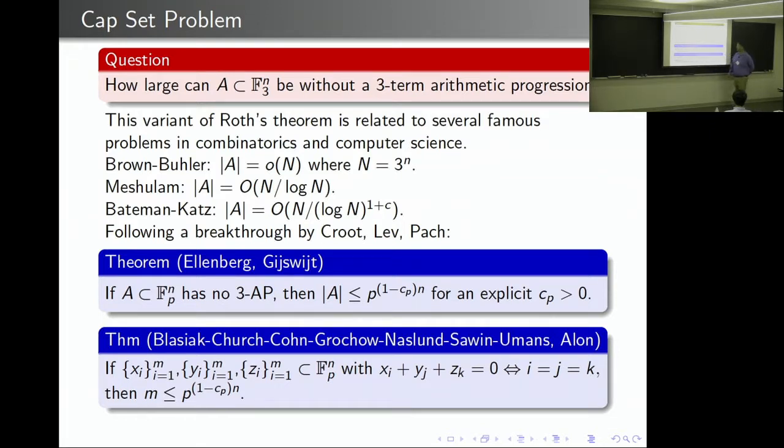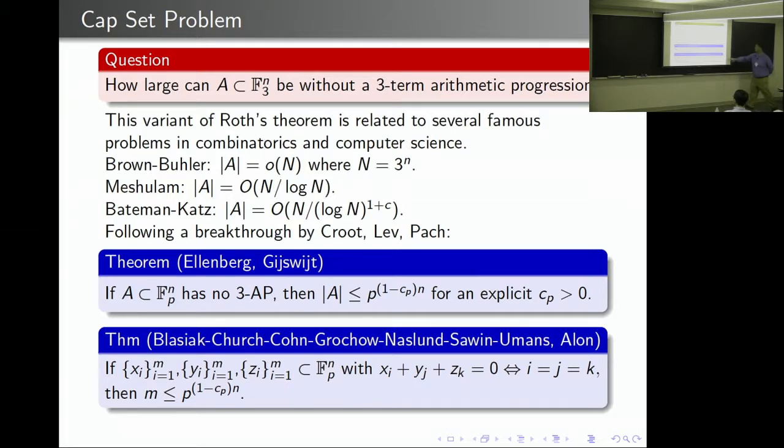And the only solutions to x_i plus y_j plus z_k equals 0 are those in which i equals j equals k. Then m is at most the same bound that we had before.